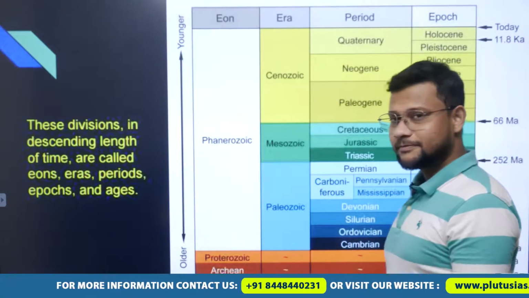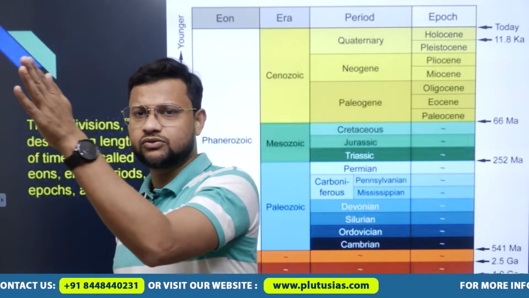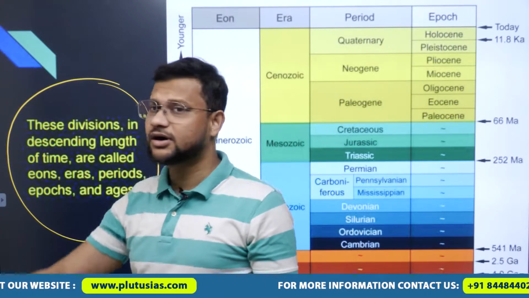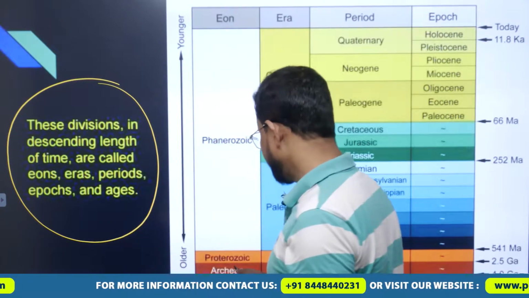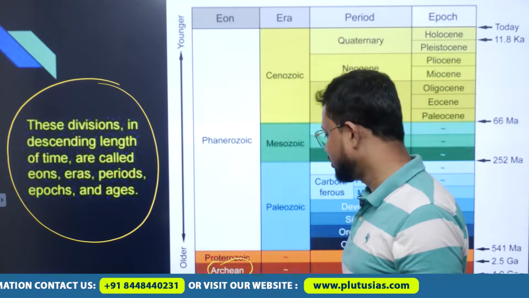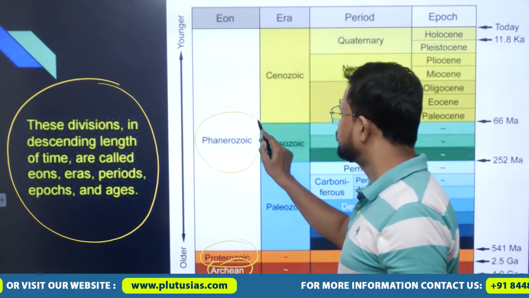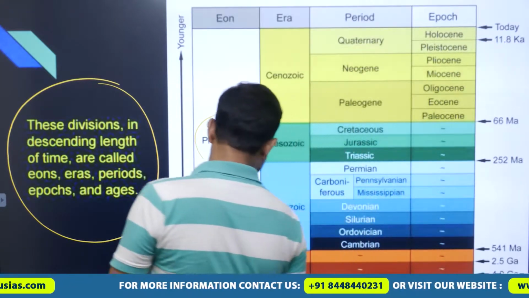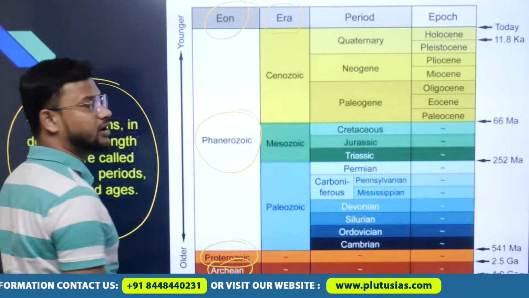Now look, just as I told you, year into months, months into weeks, weeks into days, okay. In the same way you will find the Earth's history as a whole is divided into the Hadean eon, then the Archean eon, then Proterozoic, then Phanerozoic, of which we are basically a part. Then you will find these eons are further subdivided into eras.